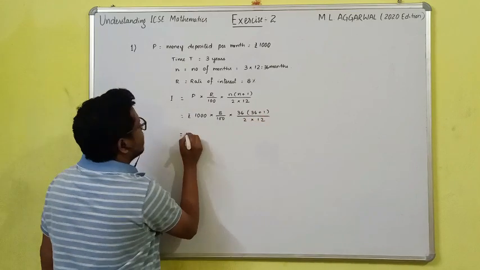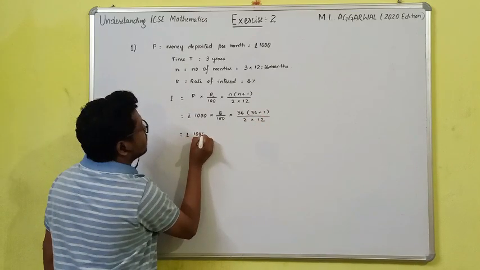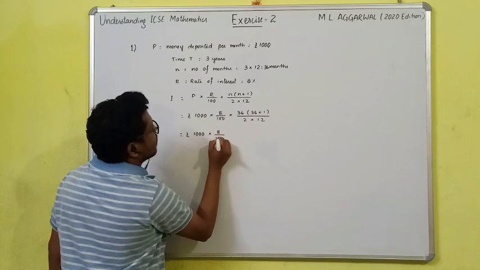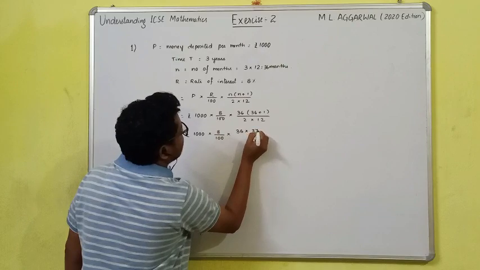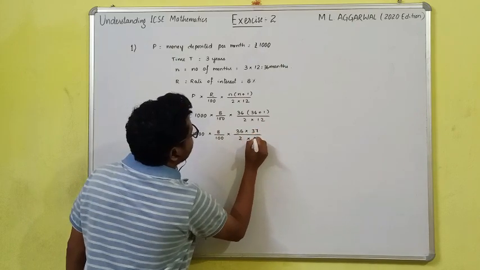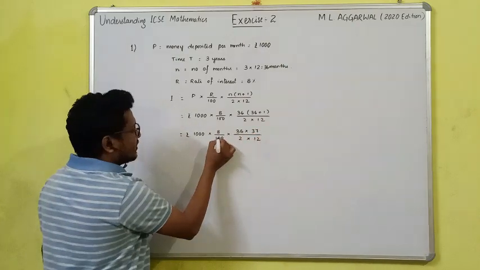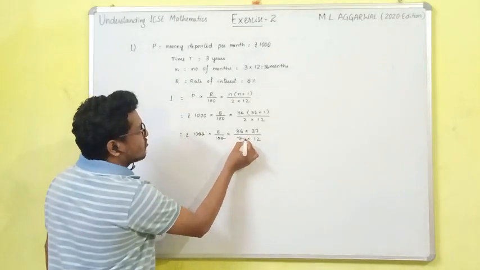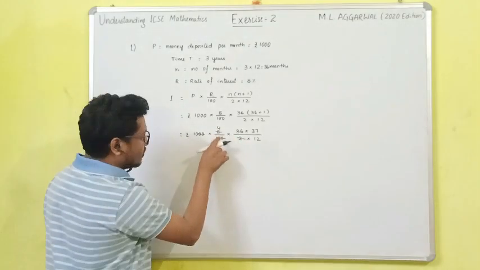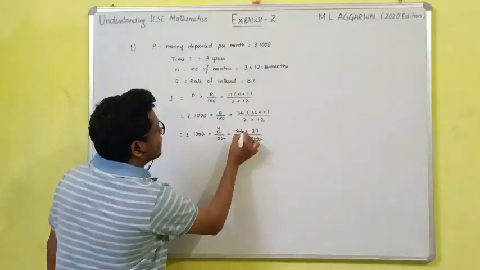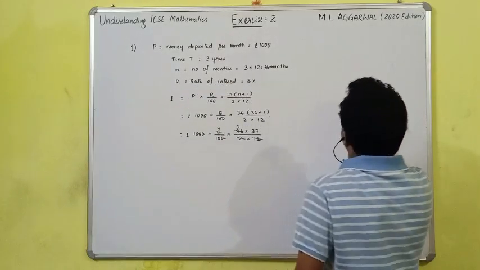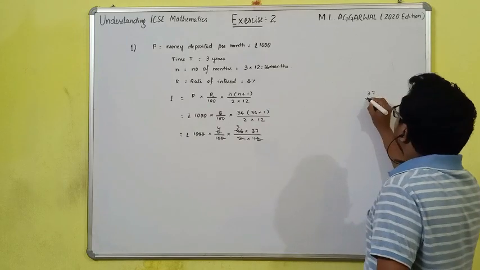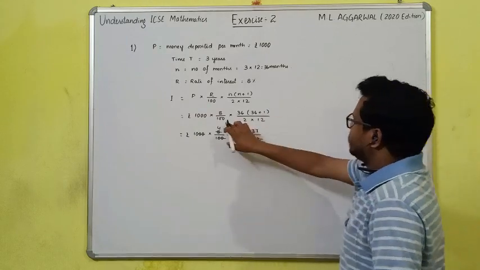So now here we will have 1000 into 8 by 100 into 36 into 37 by 2 into 12. Now cancel it, 0 0 cancel, then 2 4s are 8, 12 3s are 36. So now you multiply 37 with 12.